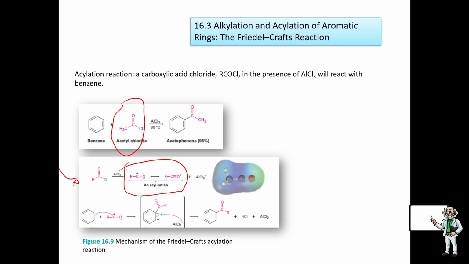Then our benzene ring reacts with the acyl cation. The pair of electrons of the pi system of the aromatic ring attacks the carbocation of the acyl cation, forming the carbocation intermediate that we saw before, and then again we eliminate a proton to regenerate the aromaticity and get the final compound.